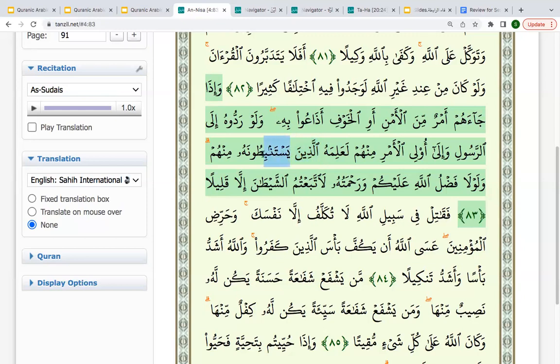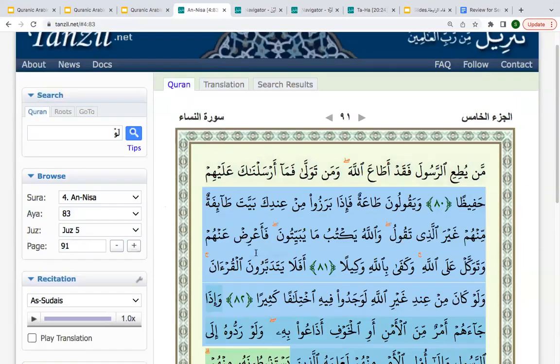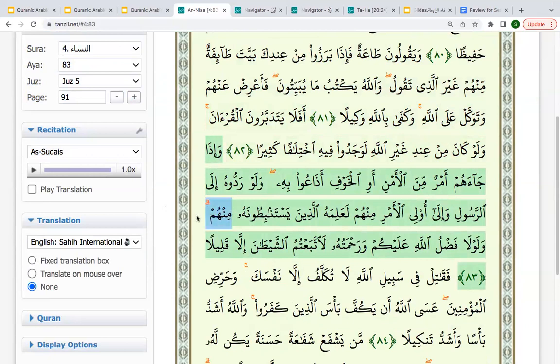So where is my sila starting? It is starting from this word yastambitunahu. And where is it ending? Is it ending in minhum? Can I say okay? Now, is it really minhum? Can I call minhum silatul mawsul as well?